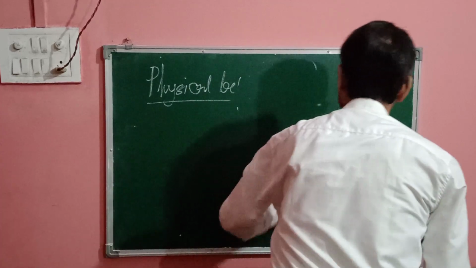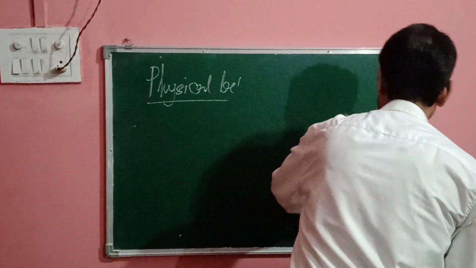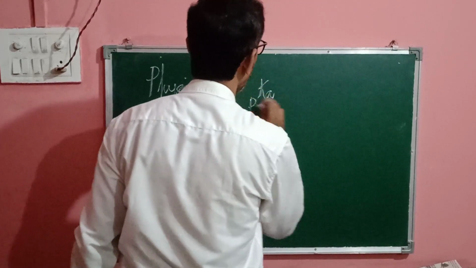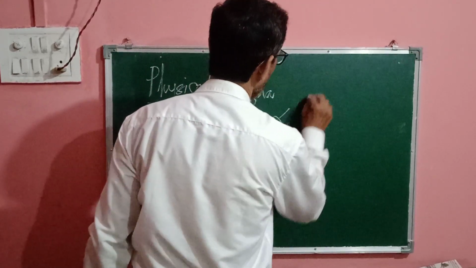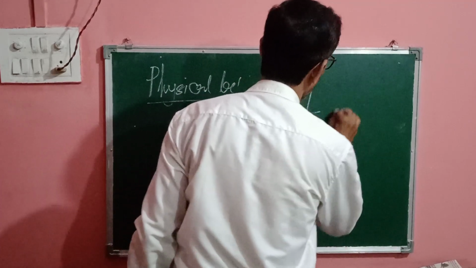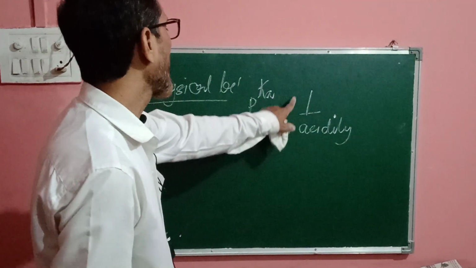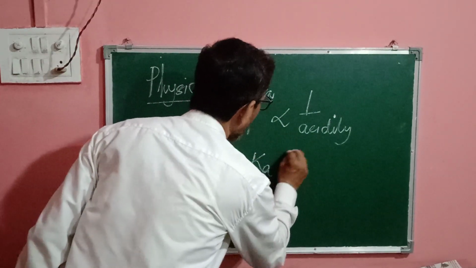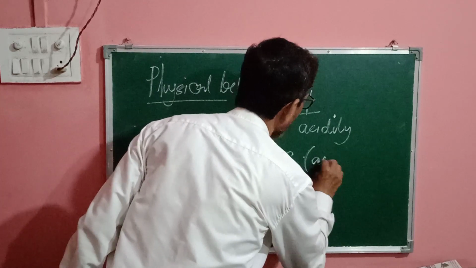In acidity, one of the facts is pK value. The dissociation constant concept: pK of an acid is inversely proportional to acidity. The more the value of pK, the less is the acidity, or K is directly proportional to acidity.